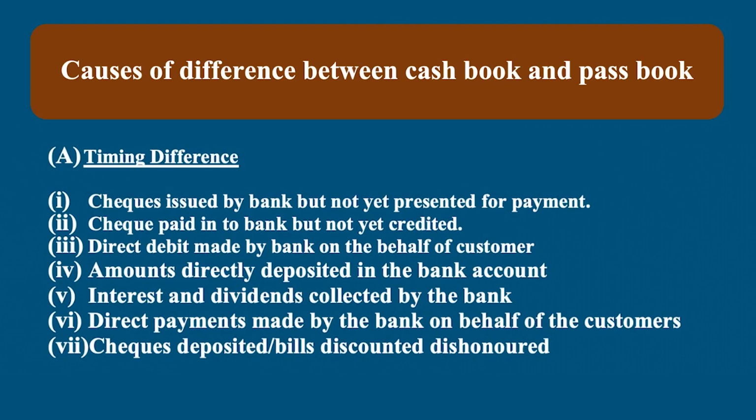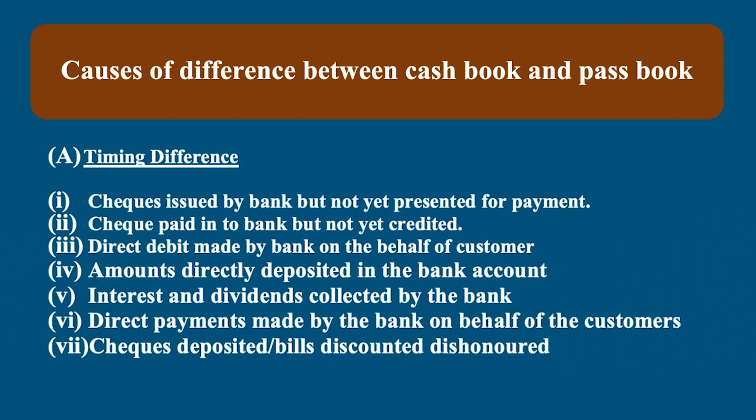For example, telephone bills, insurance premium, rent, taxes, etc. are directly paid by the bank on behalf of the customer and debited to the account. As a result, the balance as per the bank passbook would be less than the one shown in the cash book.